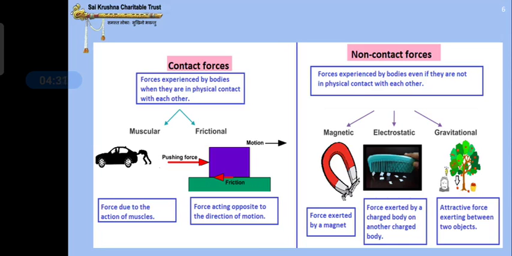They are affected by surface texture and the amount of force. If the surface is smooth, then frictional force is less. If the surface is rough, then the frictional force is more, where you cannot push a table. Understood children? Always remember the frictional force is opposite to the direction of the motion.